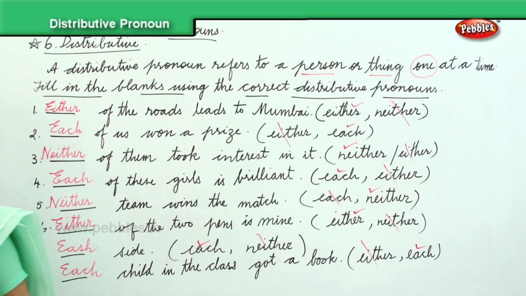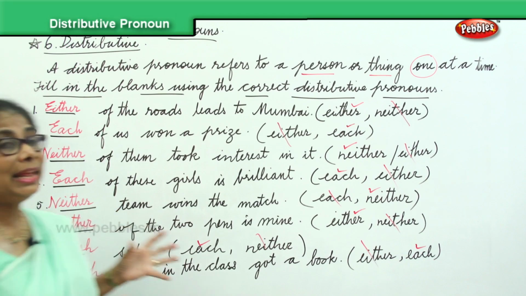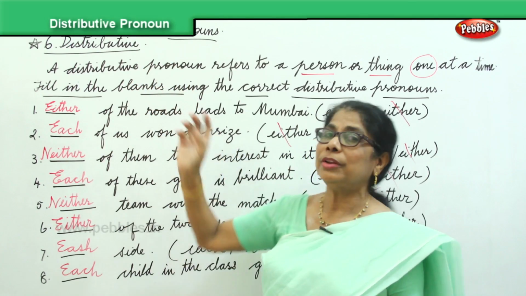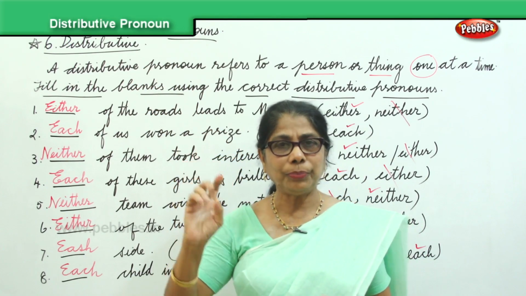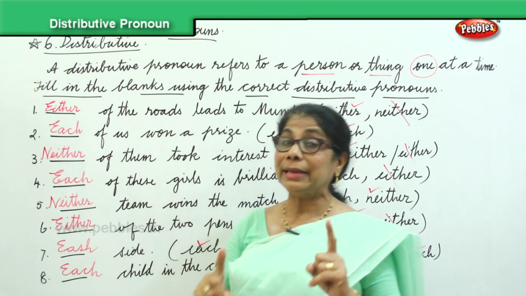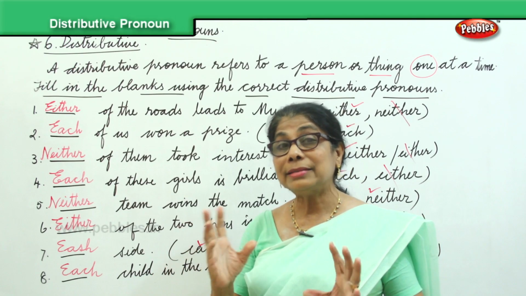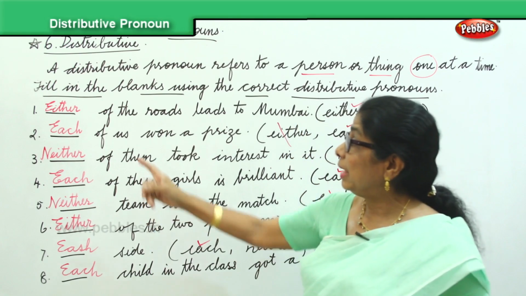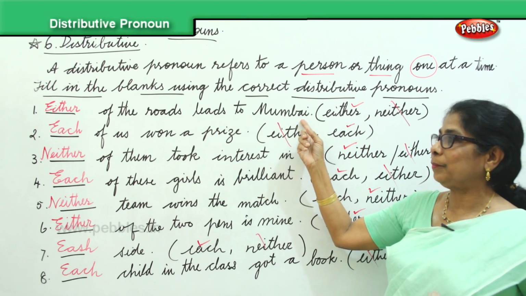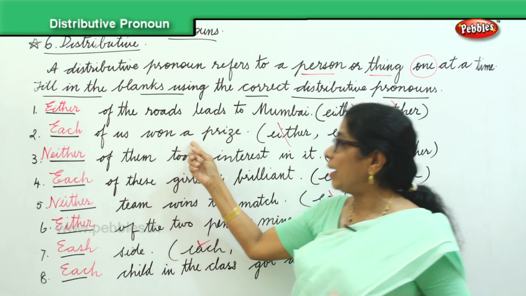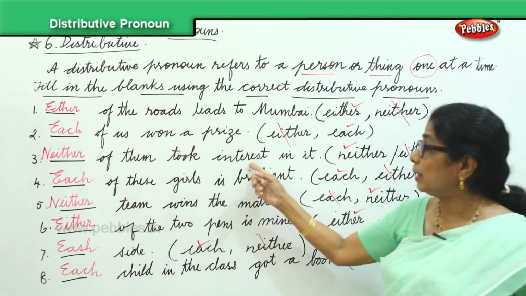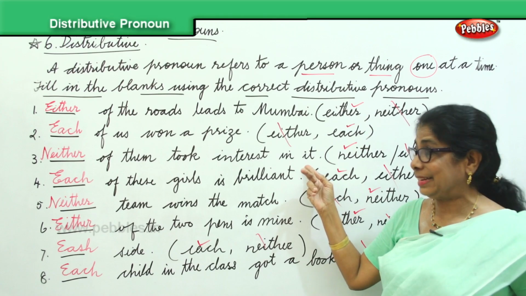Let us look at what we have done here, which is filling in with correct distributive pronoun. And it should be, we are talking about one person or one thing. It is singular and singular verb is used here. Neither of the roads leads to Mumbai. Each of us won a prize. Neither of them took interest in it.